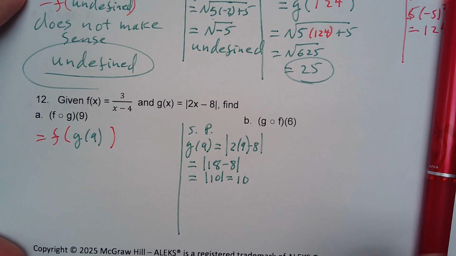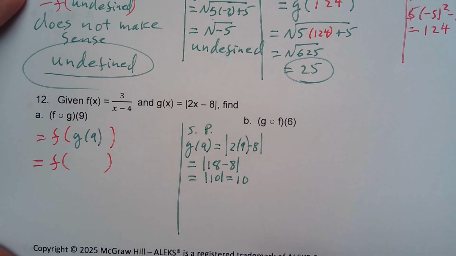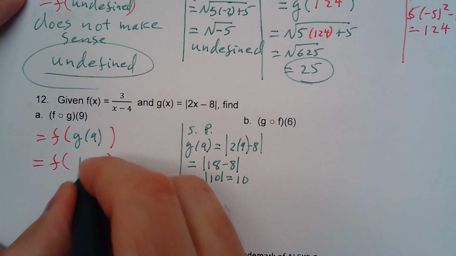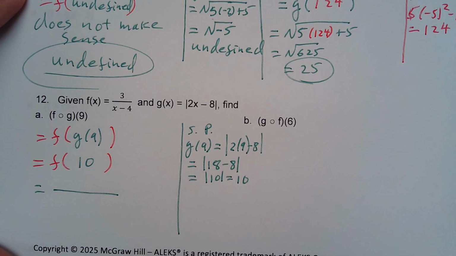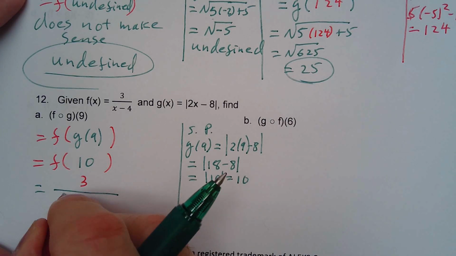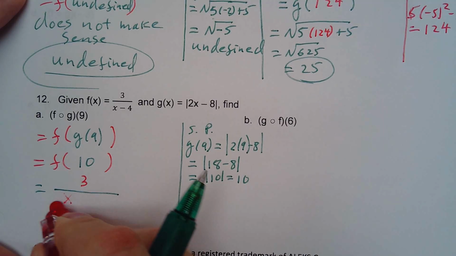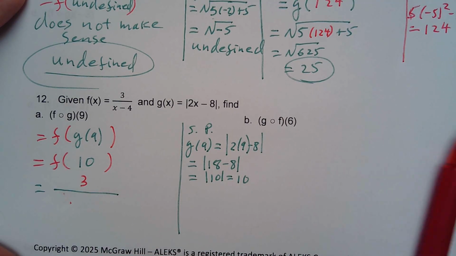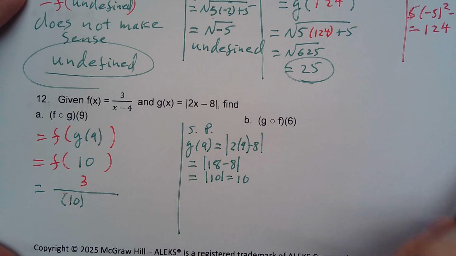And so now I'm going to take that and plug that into F. So that's going to be 3 over x. Oops, my bad. 3 over 10 minus 4.